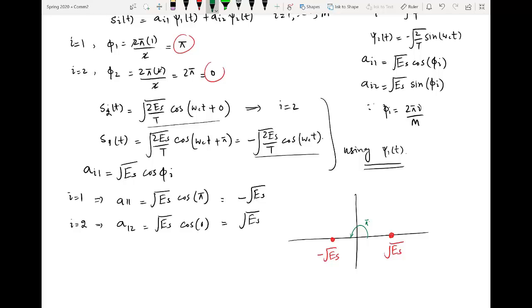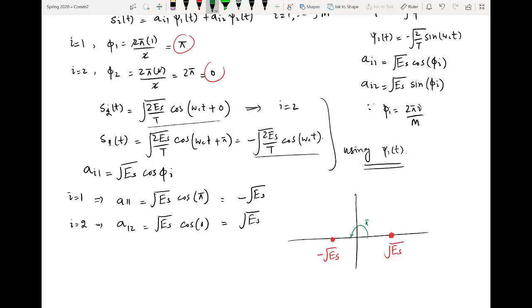This is due to the fact that we want to have such a modulation scheme in case of phase shift keying that we can have these 2 points maximum apart from each other, so that the performance improves in the presence of noise, right?